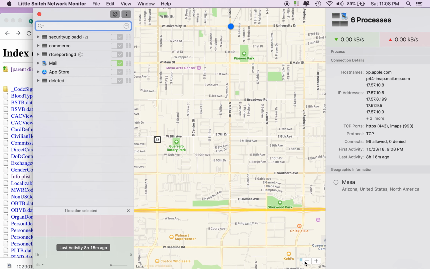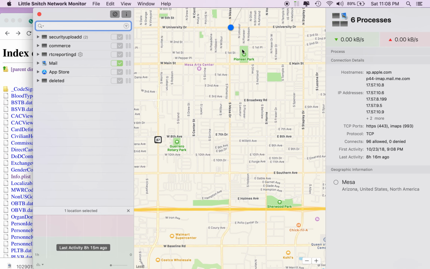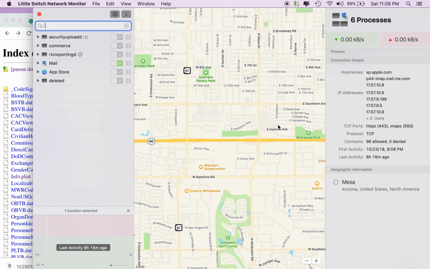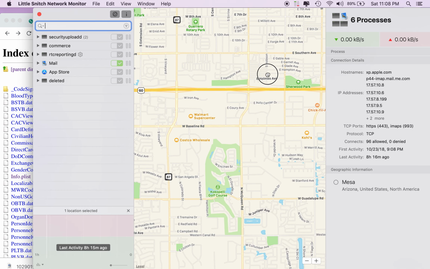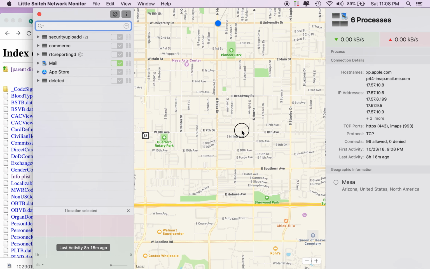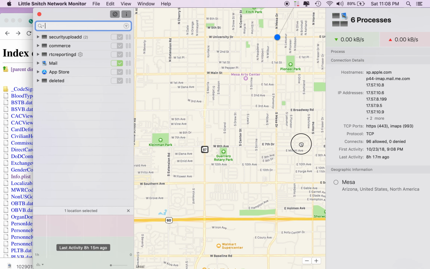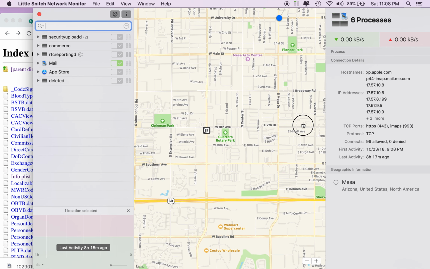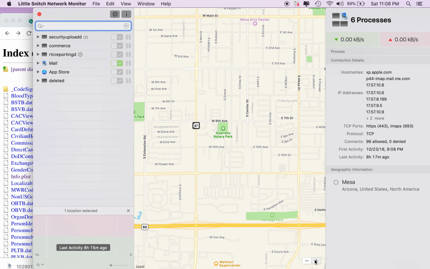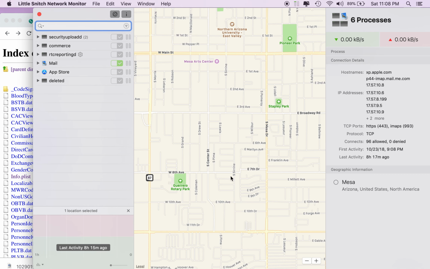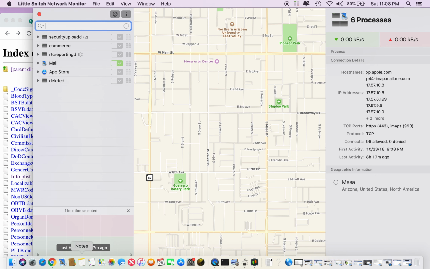Where are you? I remember it was across town down here. Oh, come on. I remember it wasn't too far away that we could take a picture. I'll find it, but it was around this area of Mesa.